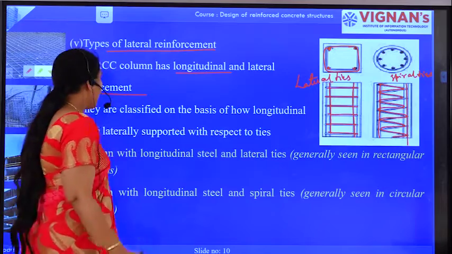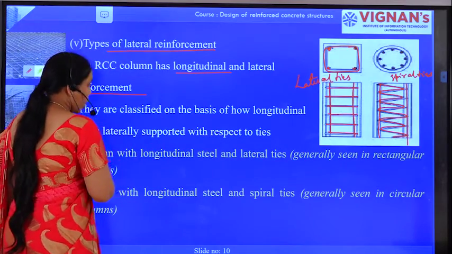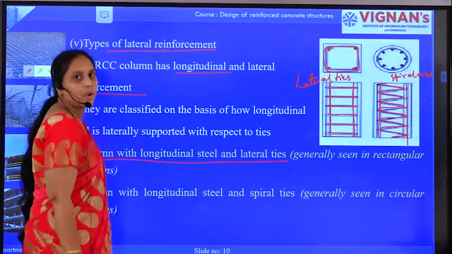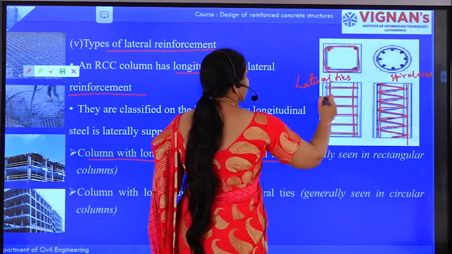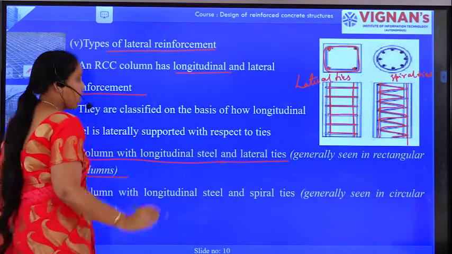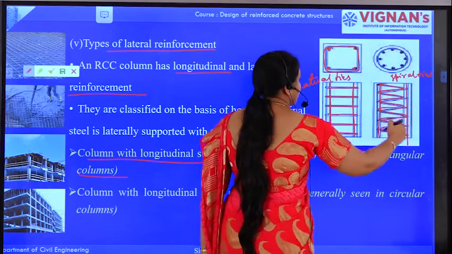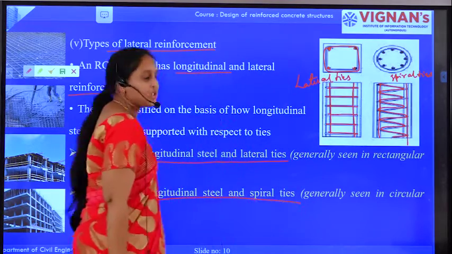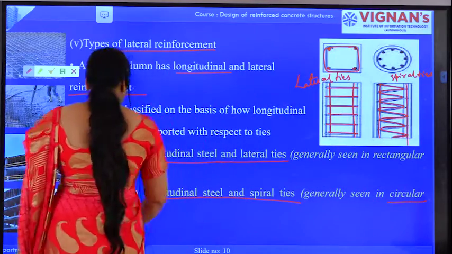The column with longitudinal steel and lateral ties is generally seen in rectangular columns, and columns with longitudinal steel and spiral ties are generally seen in circular columns.